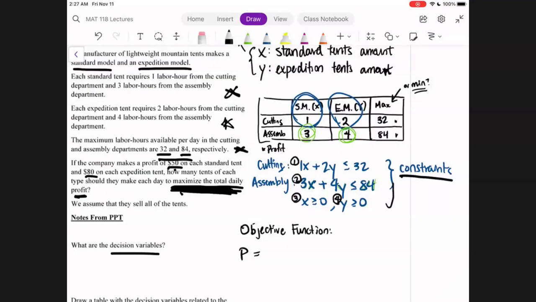How much do you get per standard model? It says you get 50. And how much do you get per expedition model? You get 80. So we could say it's 50x, because I get $50 for every standard I sell, plus 80y. So this is what I'm trying to get the highest one, right?